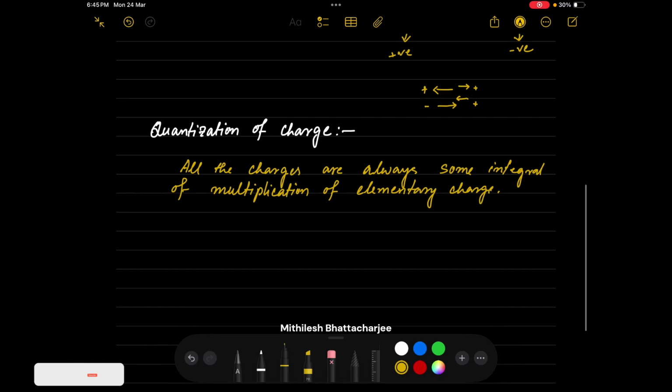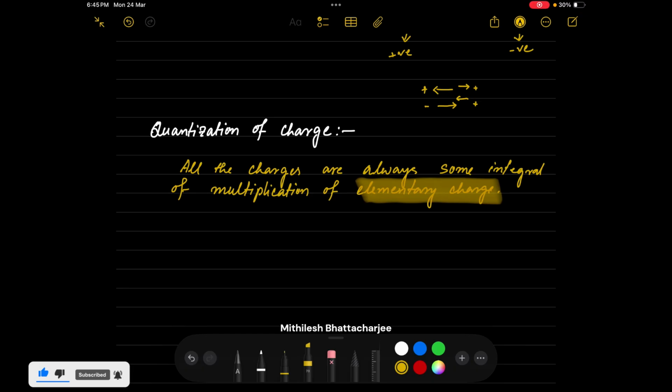What does it mean? See, here elementary charge means the charge of the electron.